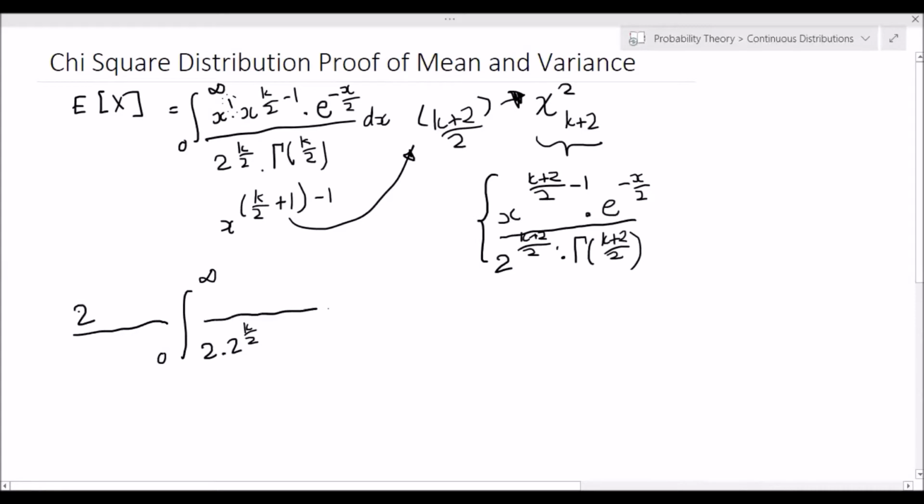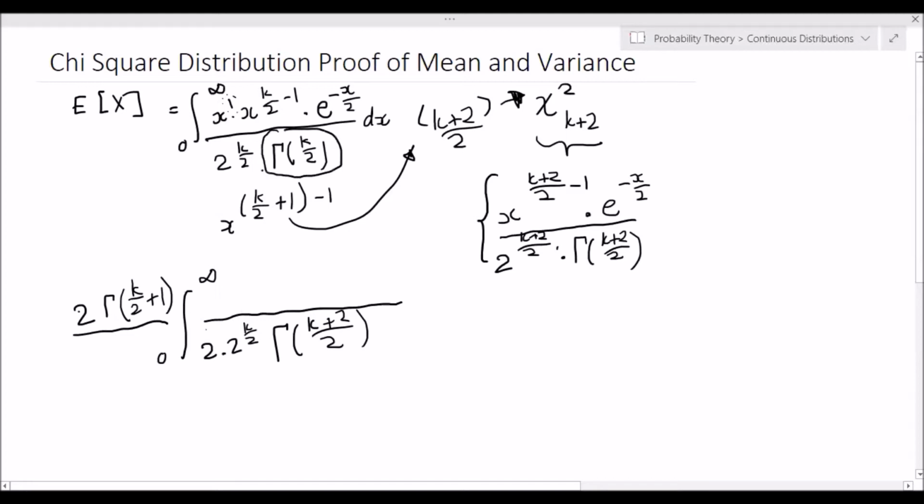and our gamma will need to be gamma of k plus 2 over 2, which necessitates us to go and multiply at the numerator on the left hand side by k over 2 plus 1. We'll just simplify this plus 2 over 2 to plus 1. And what we're going to have to bring outside the integral was this gamma that we had over here.